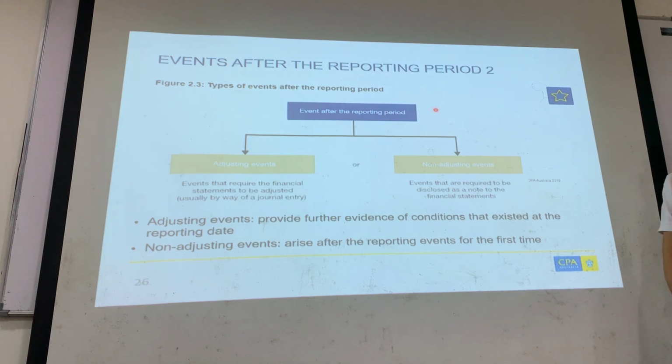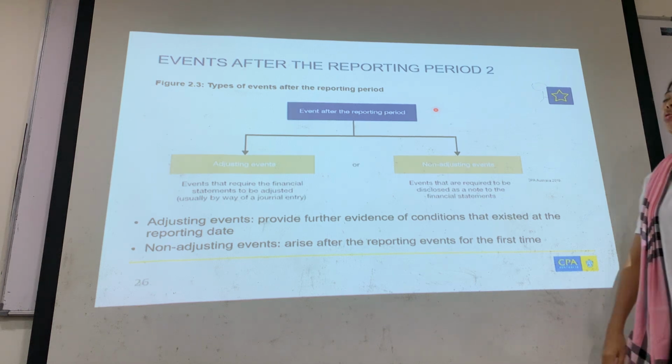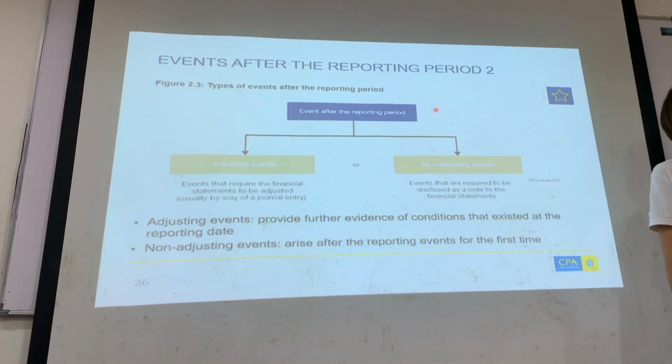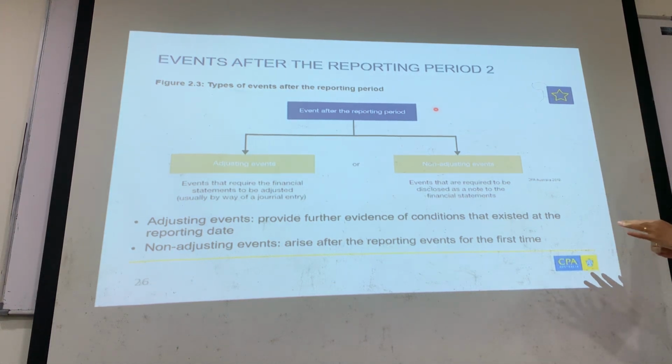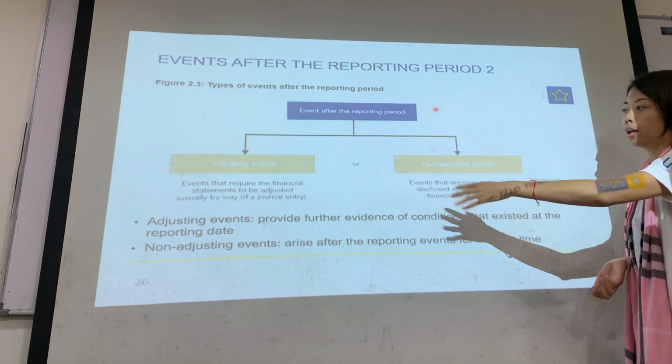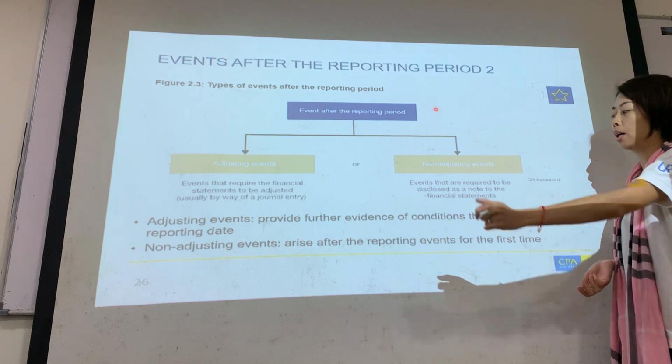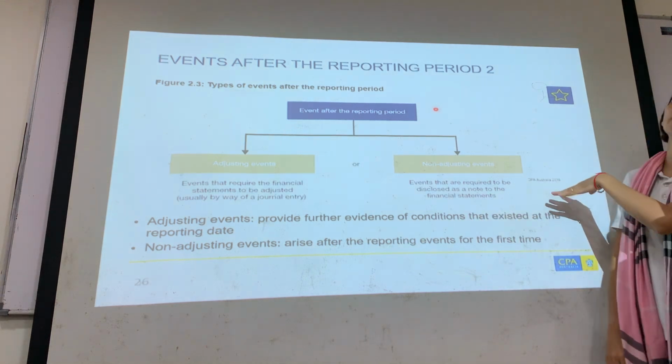The customer said, because I ate the food that you provided, let's say you are a restaurant, I had a meal in your restaurant, and after that I was admitted to hospital. So I want to sue you for 1 million ringgit. Just simply plucking numbers from the sky. This court case happened in August, so it has got nothing to do with anything at the end of the year. So it is a non-adjusting event.